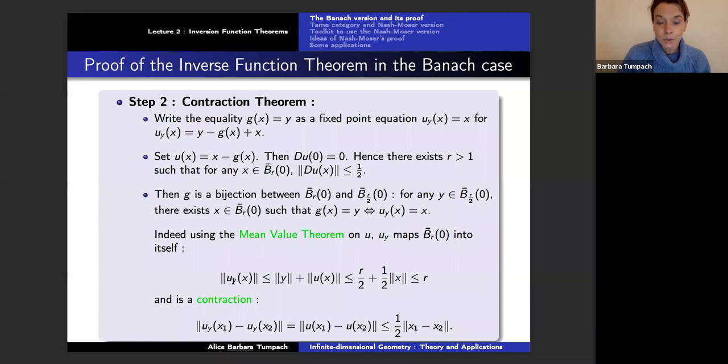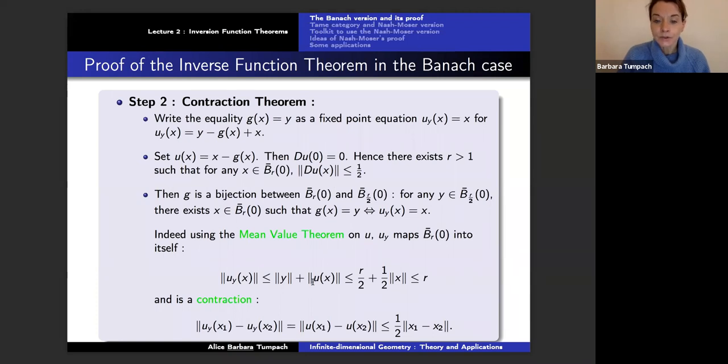So u sub y of x should be in norm less than r. Here we use a triangular inequality first, and then second we use the mean value theorem, because we have an estimate on the differential of u.